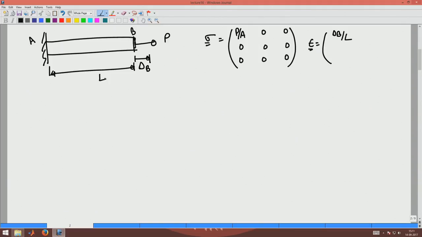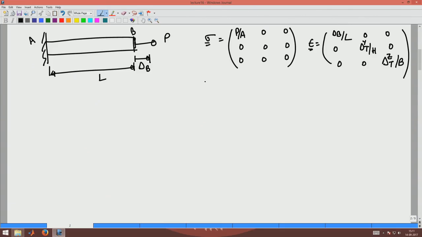Then zeros, and the transverse displacement in the y direction divided by the height of the member, then zeros, and the transverse displacement along z divided by the breadth of this member. We saw this when we looked at the uniaxial loading case.